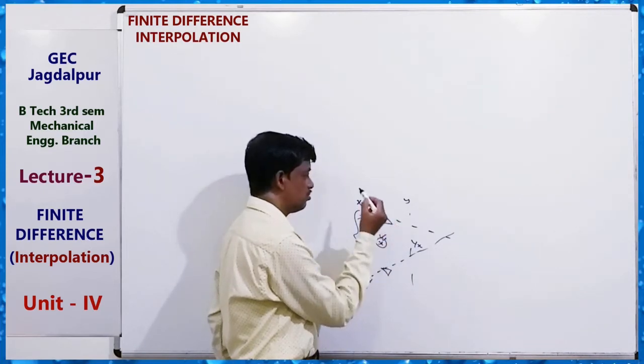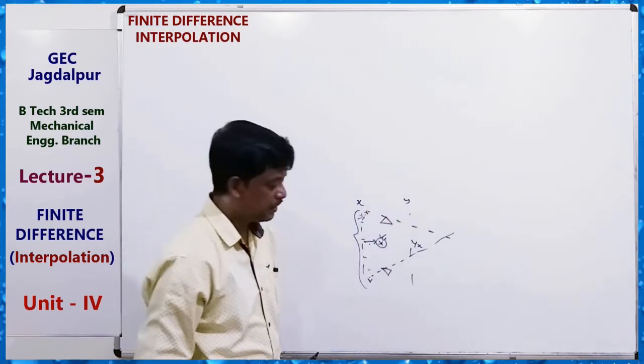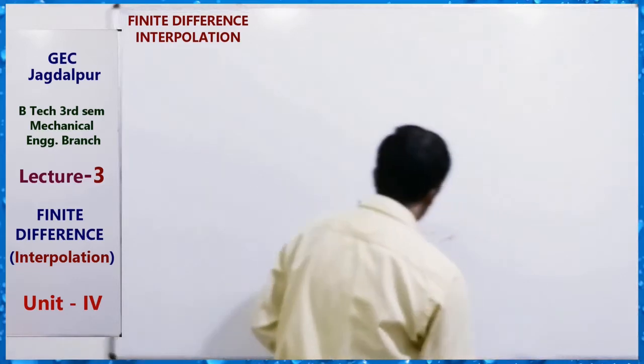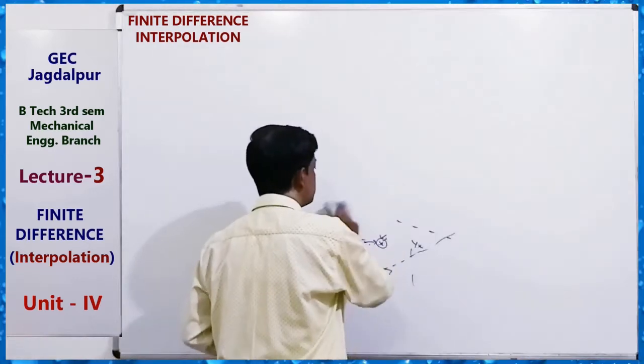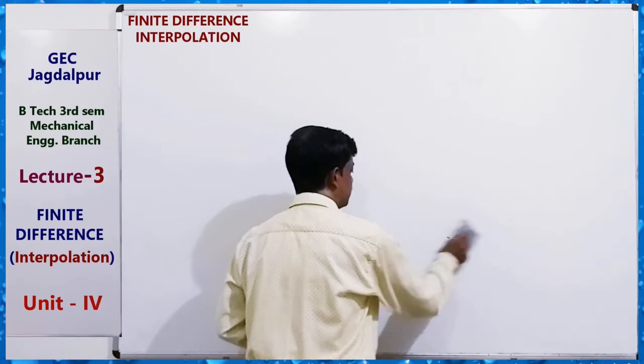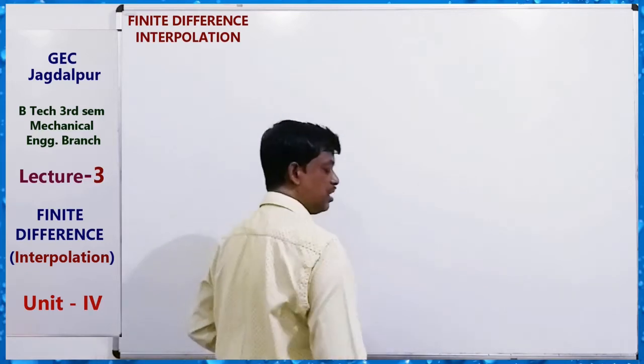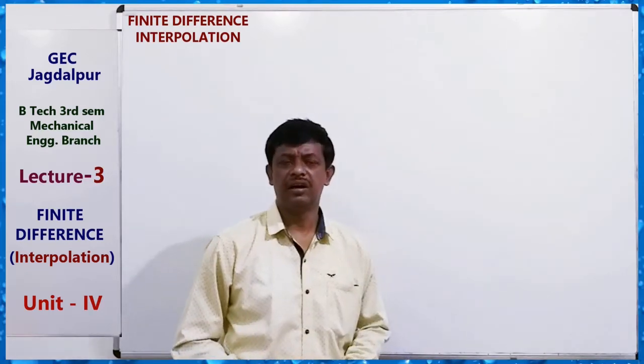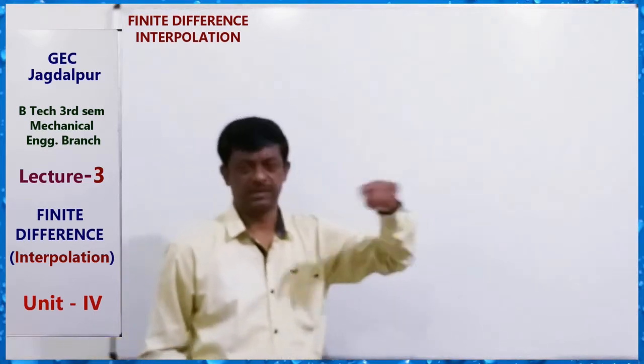Here, the forward interpolation formula. Clear? So what is the formula for Newton's forward interpolation? We use binomial expansion and the relation between the operators.